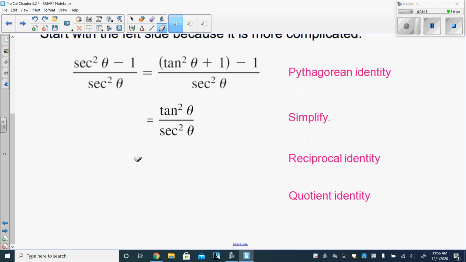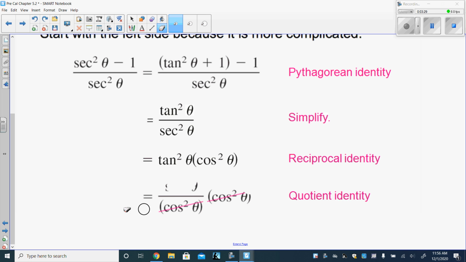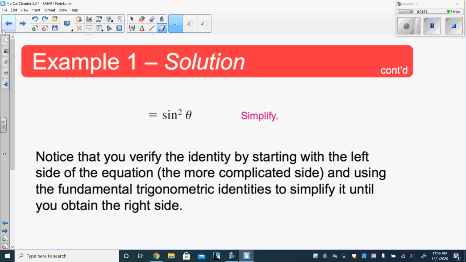Now, we use the reciprocal identity, the fact that secant is the same as 1 over cosine, or 1 over secant is the same as cosine. So it's going to come up to the top because it flips. The quotient identity says that tangent squared is the same as sine squared over cosine squared, and the cosines cancel out, leaving us with just sine squared, which is what we wanted.